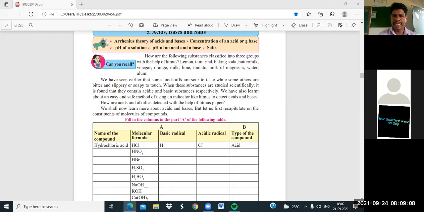Can you tell me: acid, bases, and the third one? Salt. Yes, acid, base, and salt, we can separate them.